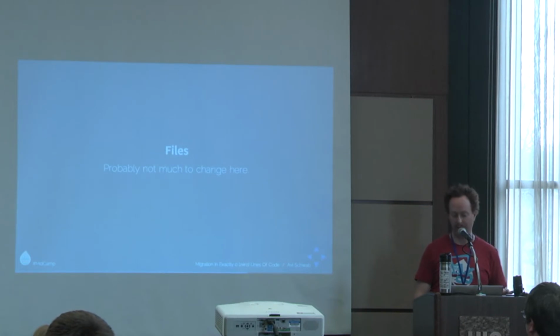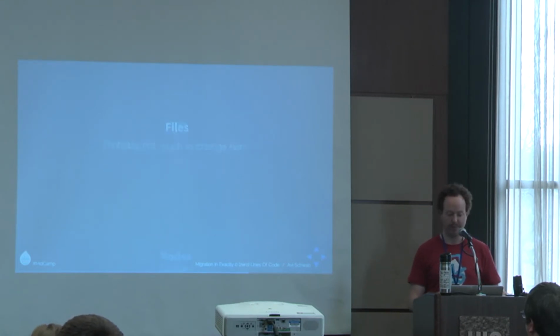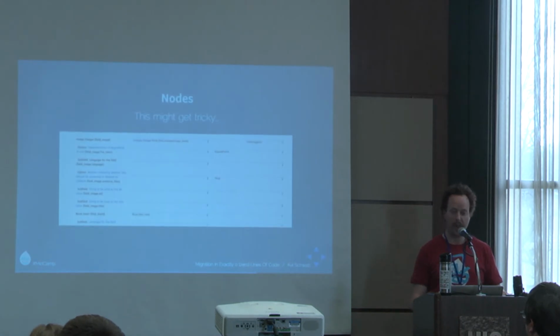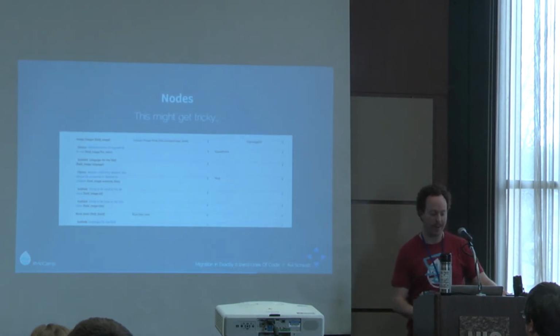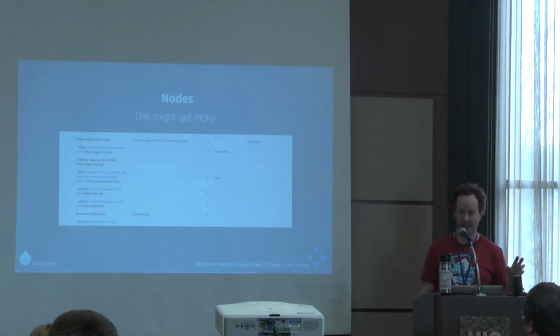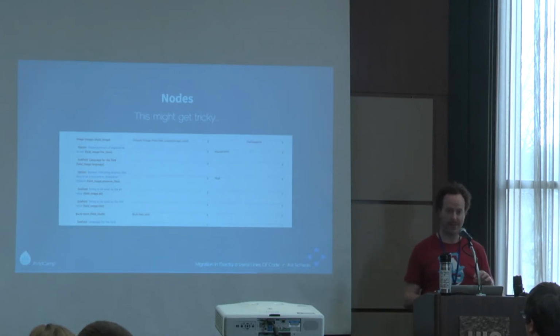Files: there are a few settings in there, but you generally don't want to touch that too much. And then nodes get a little bit more complicated. Nodes can have references to taxonomy terms. They can have references to files. This is an example of one of the node migrations, just a section of the node migrations that I have.